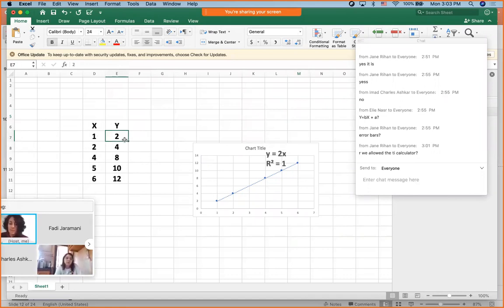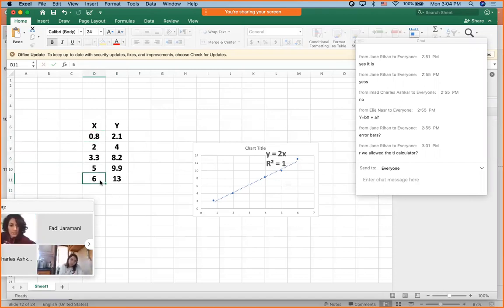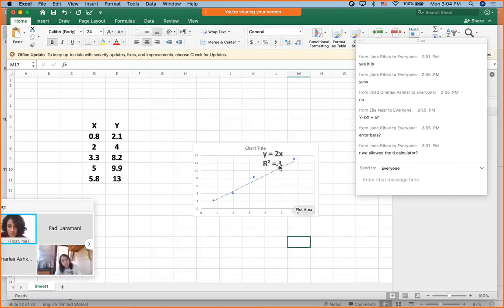For example, if this is 2.1, and this is 8.2, and this is 9.9, and this is, I don't know, 13, things are gonna change a bit. Let me change even more, 0.8, and this is 3.3, and this, 5.8. Okay, let me remove the equation and put it again.